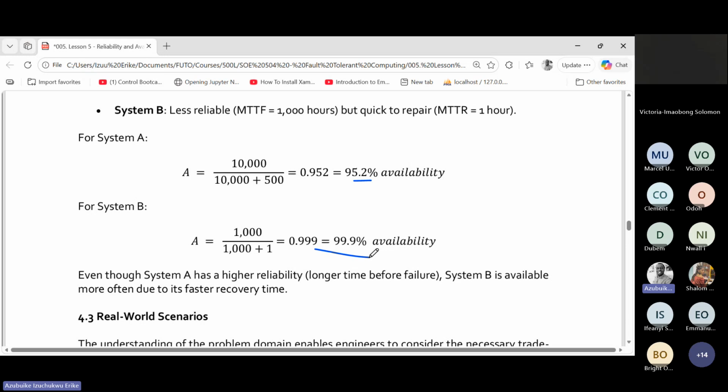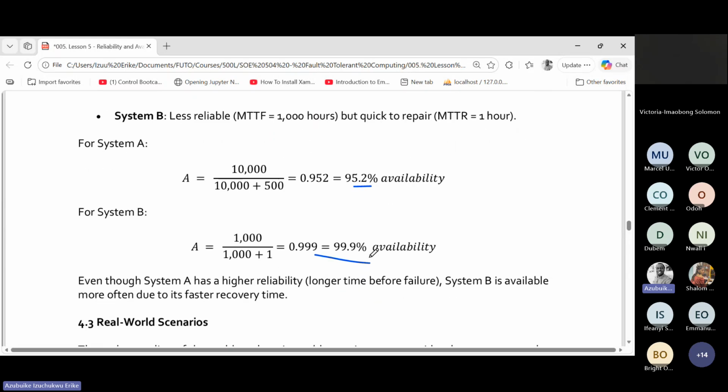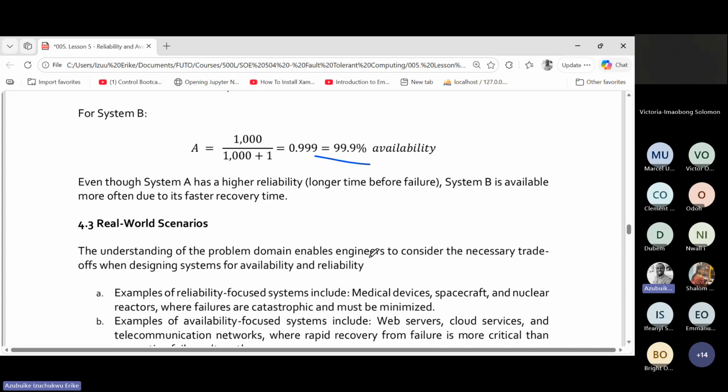So you can now see that there are factors that can affect the availability of a system, and that is the mean time to repair. It is also a very important concept when you want to compute this. So even though system A has a higher reliability, that is longer time before it can fail, system B is available more often due to its fast recovery time.